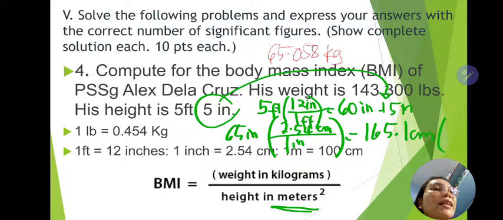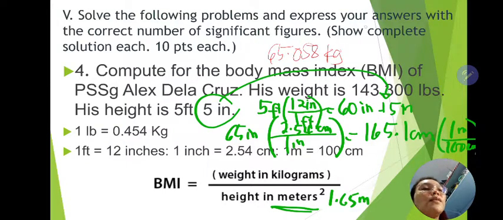So, 100 centimeters is equal to 1 meter. So, yung 165.1 natin, divide natin sa 100. That will give us 1.65 meters. Okay?